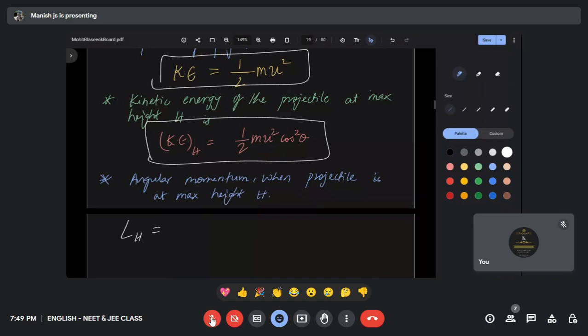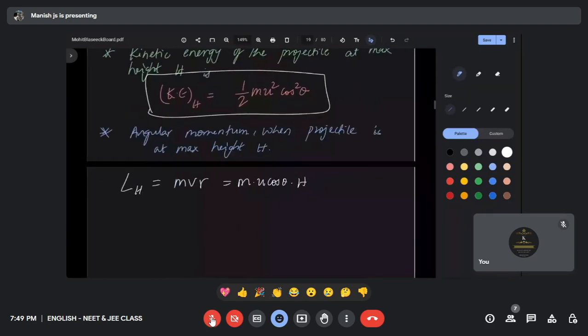Okay, so you know that angular momentum is given by mvr. So that is the general formula. In this context, we are going to slightly modify this. The mass would be m only. V is nothing but your velocity, so u cos theta, into the maximum height instead of r, maximum height h. So mu cos theta into h. Okay, so that is what we get.